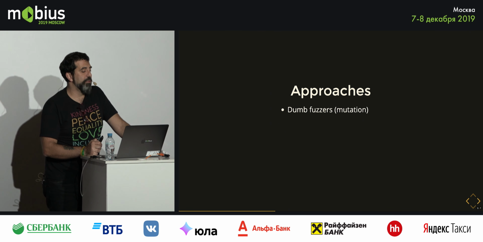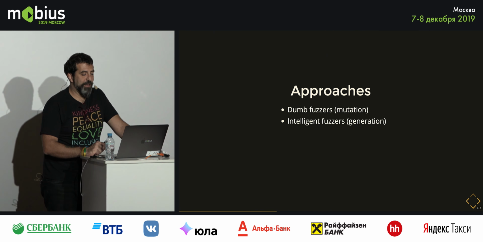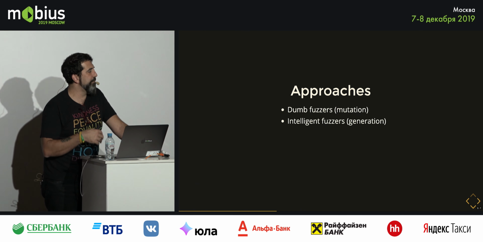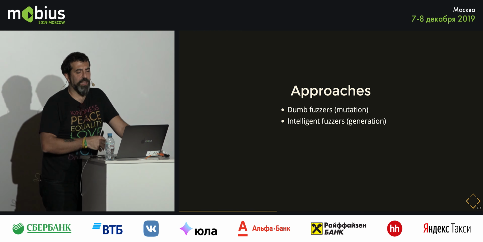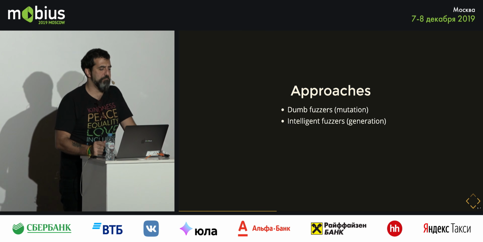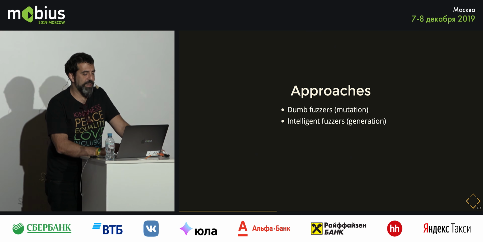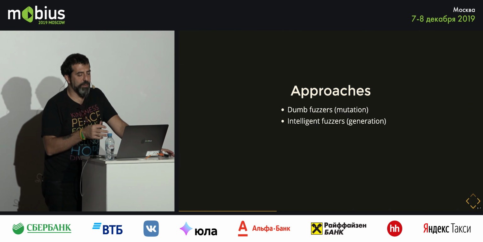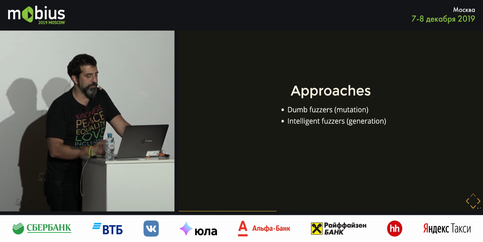There are mainly two approaches, dumb and intelligent fuzzers. Dumb fuzzers don't do anything more than mutating the expected input that is also in the tests, and they create very long strings, numbers, whatever the input is. Intelligent fuzzers, instead, understand the file format or protocol, and they generate input from scratch based on the specification, so they are a little bit more sophisticated.